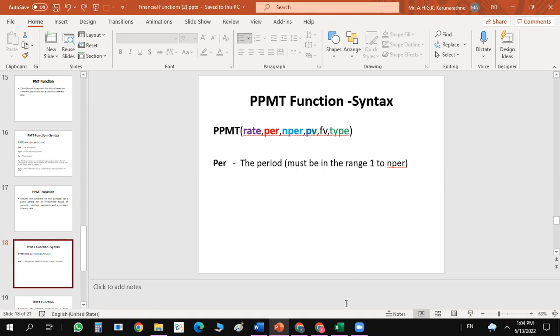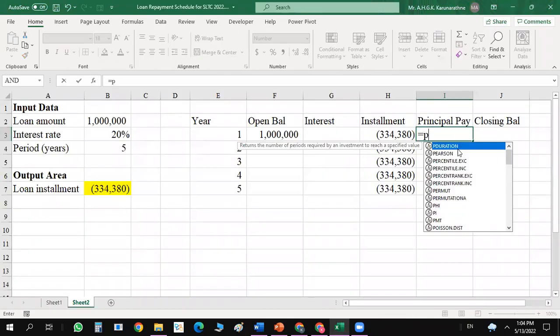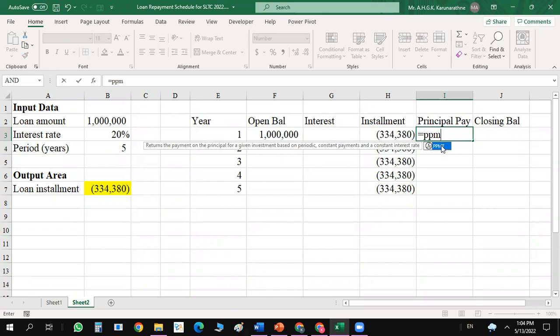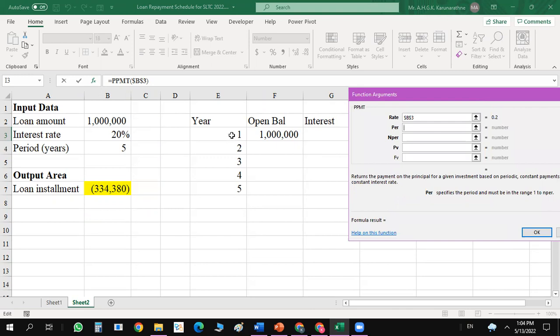Then we'll see how to do this. Equal PPMT. You can see rate, PER, NPER, PV, all these figures. Rate is the interest rate, and we'll make it constant. PER means our period. It will change over the period.